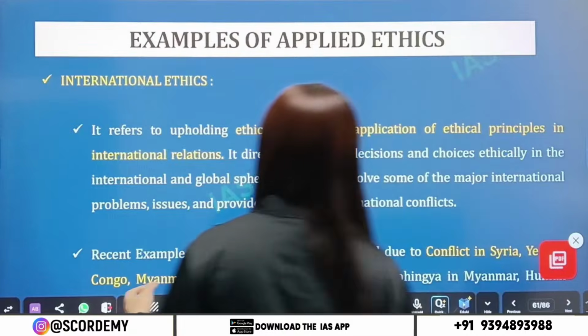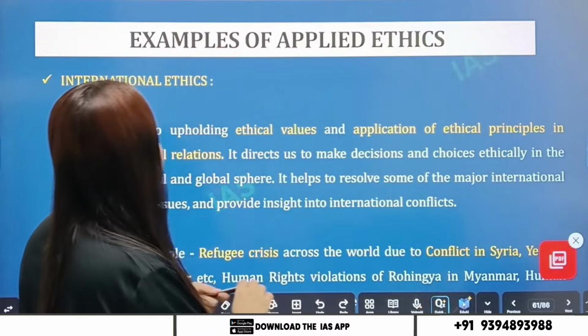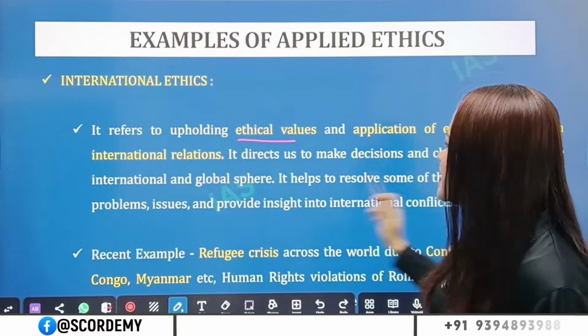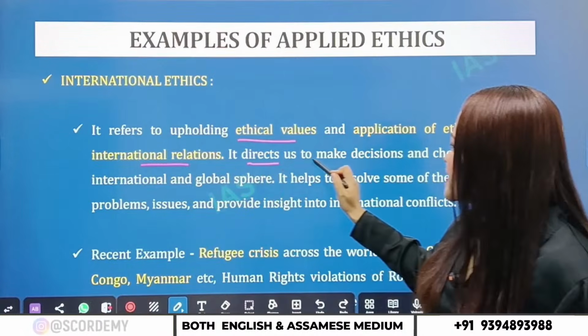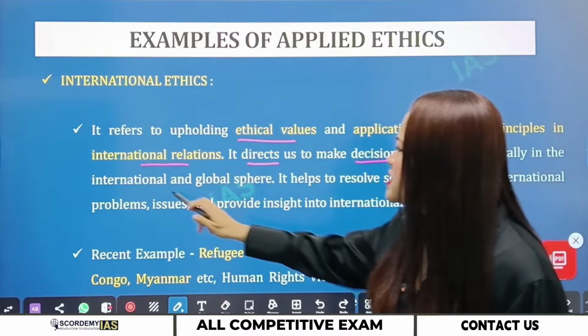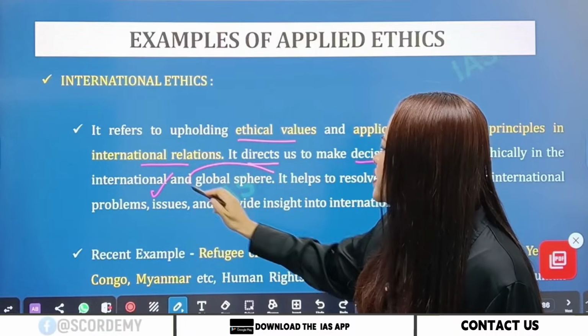Next, we have international ethics. It refers to upholding ethical values and application of ethical principles in international relations. It directs us to make decisions and choices ethically, remember, in the international and global sphere.